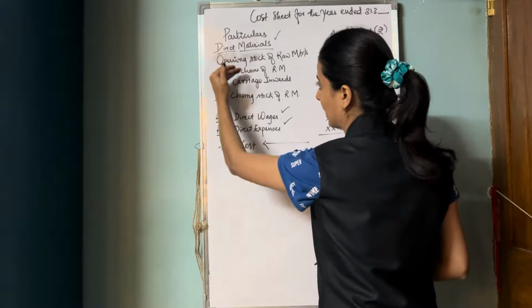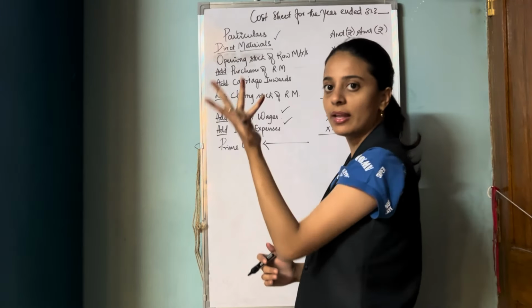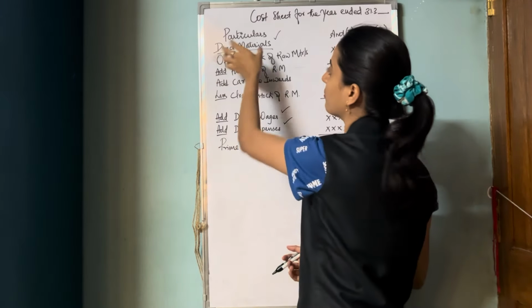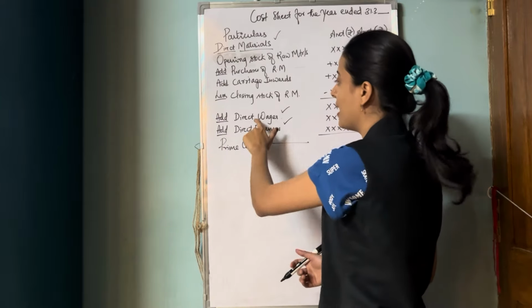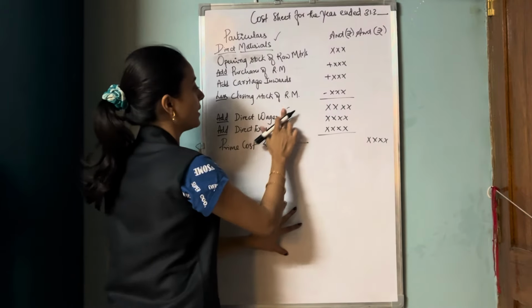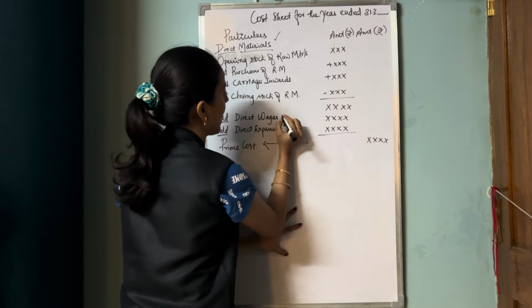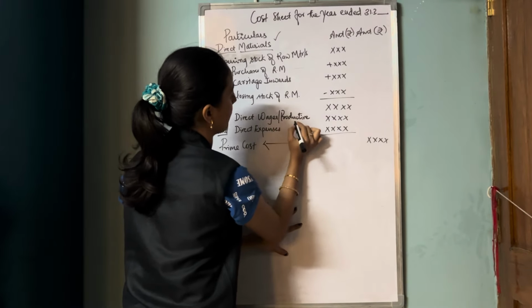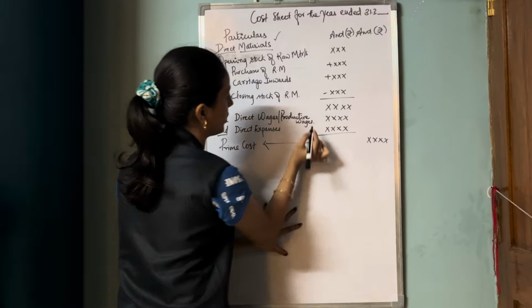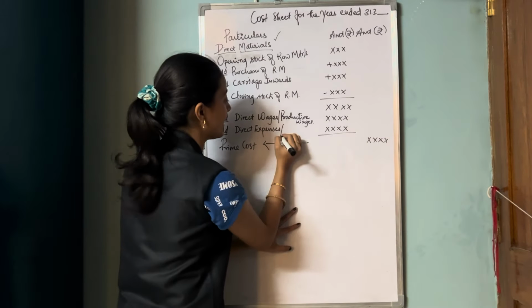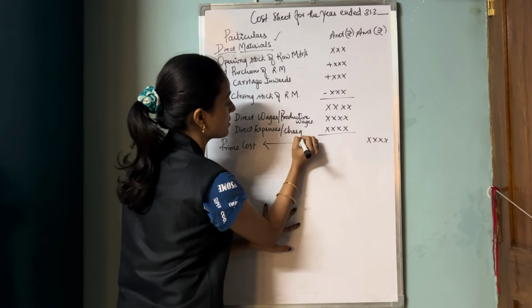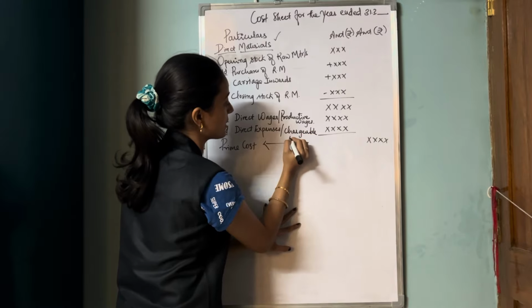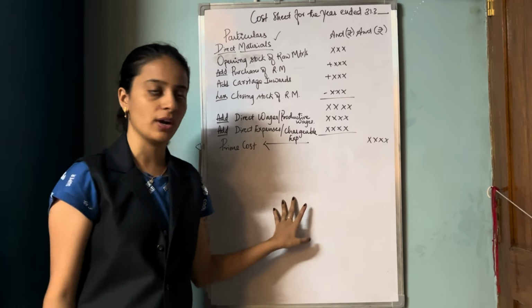If they give us different things, then we obviously have to do the calculation for the direct materials. Direct wages are sometimes also mentioned as productive wages. Don't get confused. And direct expenses are sometimes given as chargeable expenses. Same thing, not different.